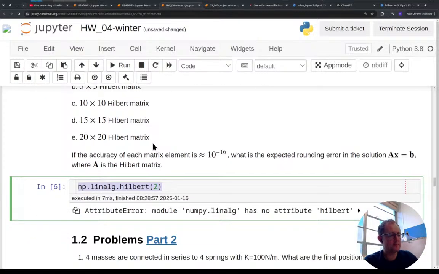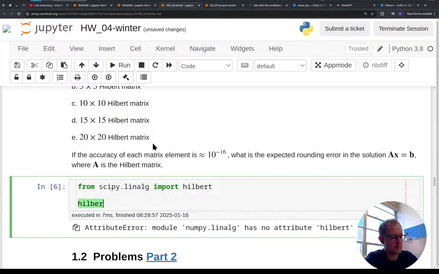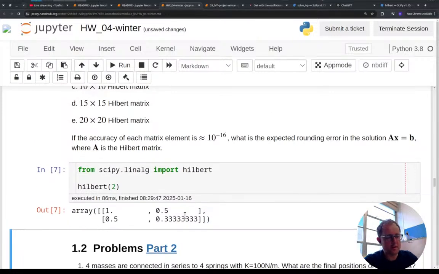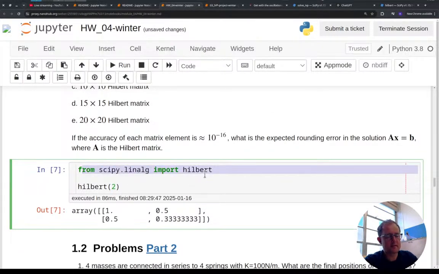You can if you want, but if you want, you can use this import function to get Hilbert matrices: from scipy.linalg import hilbert.